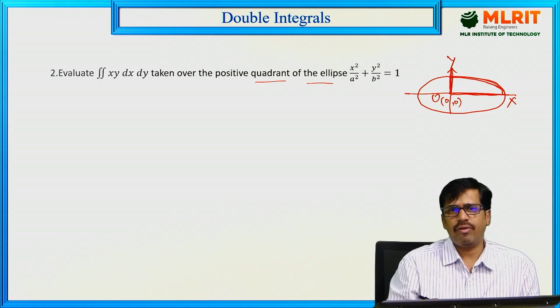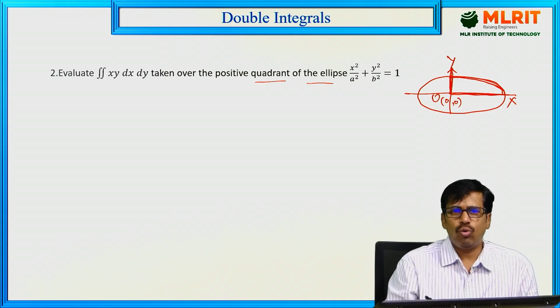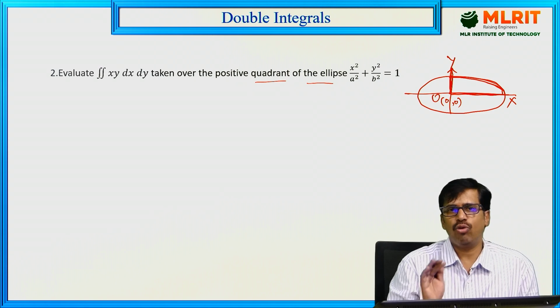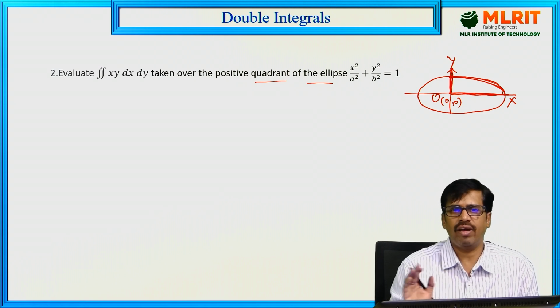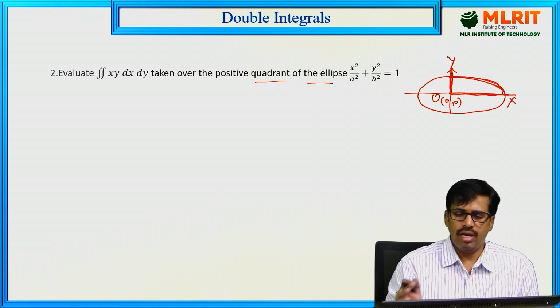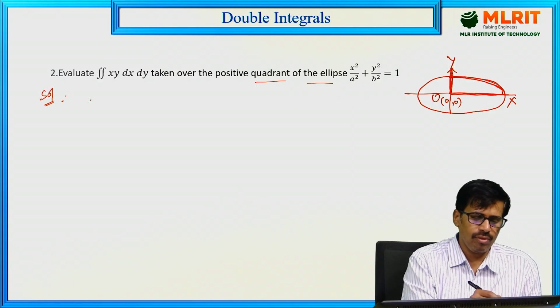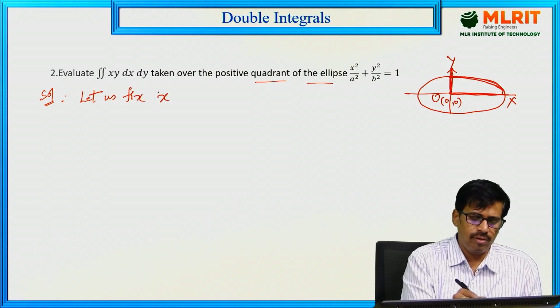Again, same as the previous one, to identify the limits for x and y, either you fix the x limit as constant or the y limit as constant. Let us fix the x limit as constant here.